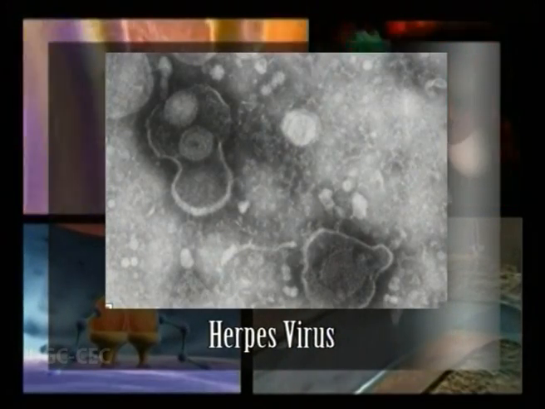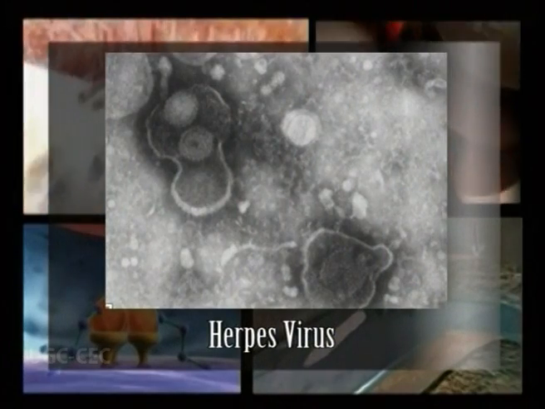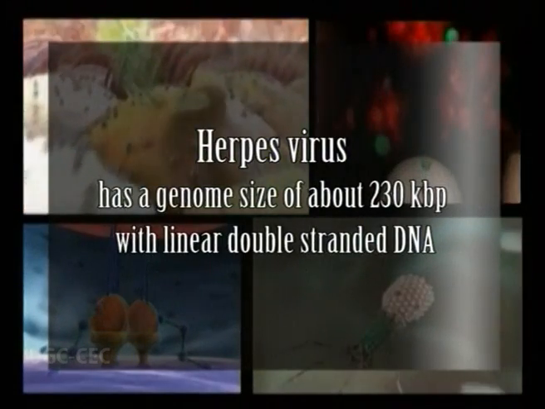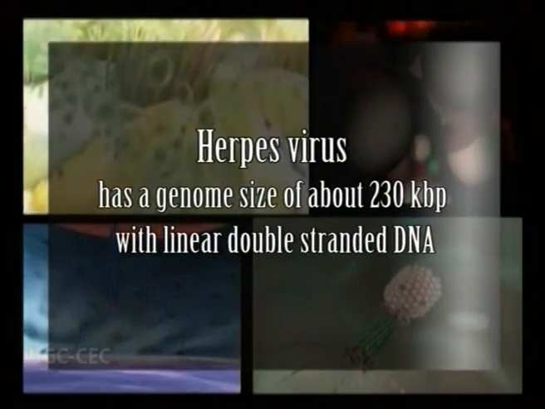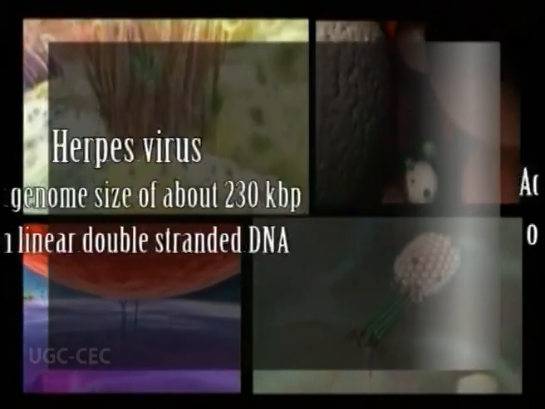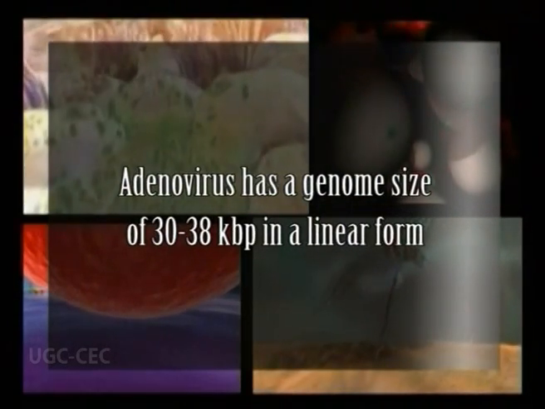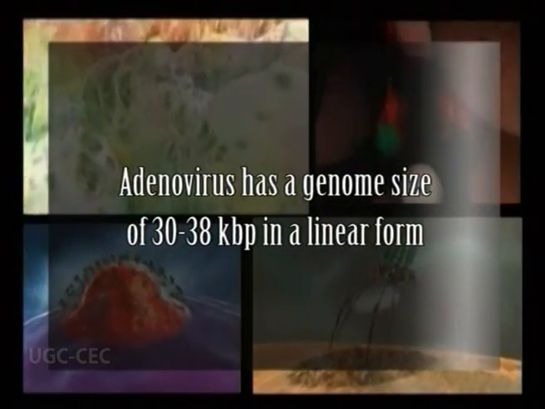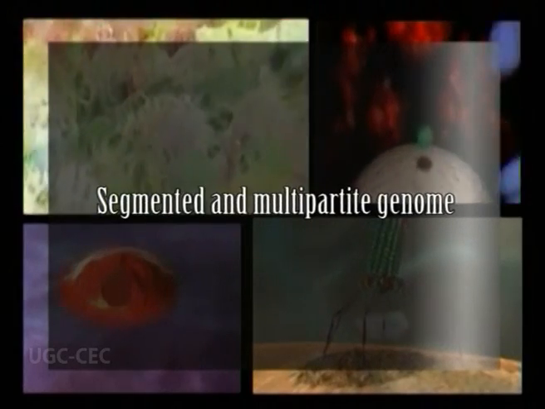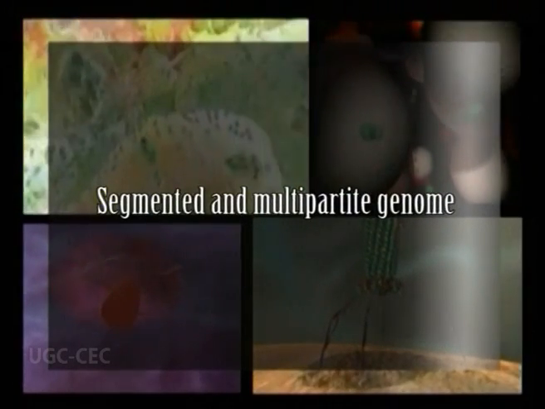Herpes virus has a genome size of about 230 kilobase pairs with a linear double-stranded DNA, while that of adenovirus is 30 to 38 kilobase pairs in a linear form. Segmented and multipartite genome.